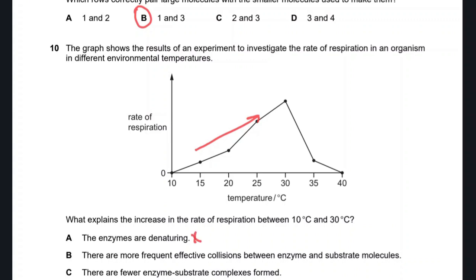No. There are more frequent effective collisions. So this is the explanation. There is more frequent collision, more reaction. Because collisions are faster, the rate of reaction will be faster. Few enzyme substrate complexes? No, because more enzyme substrate complexes will be there. Less kinetic energy? No, because when the temperature increases, there will be more kinetic energy.